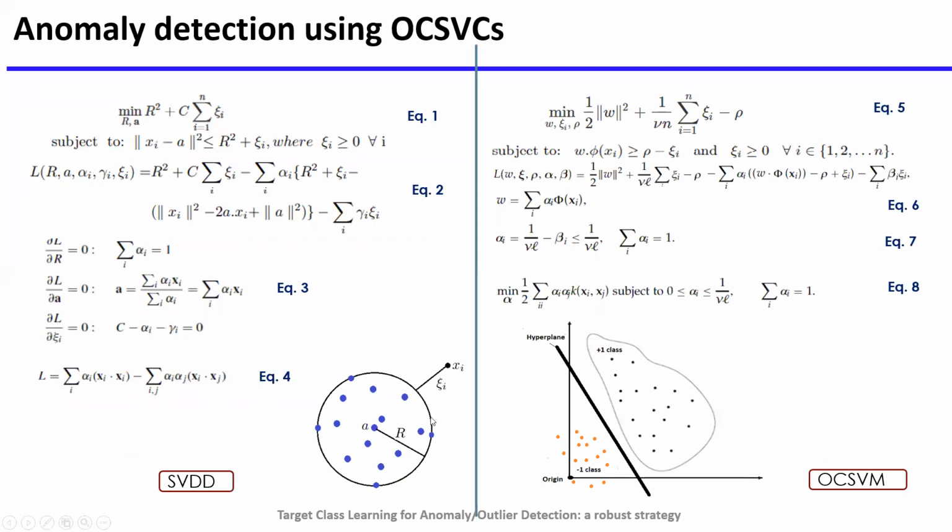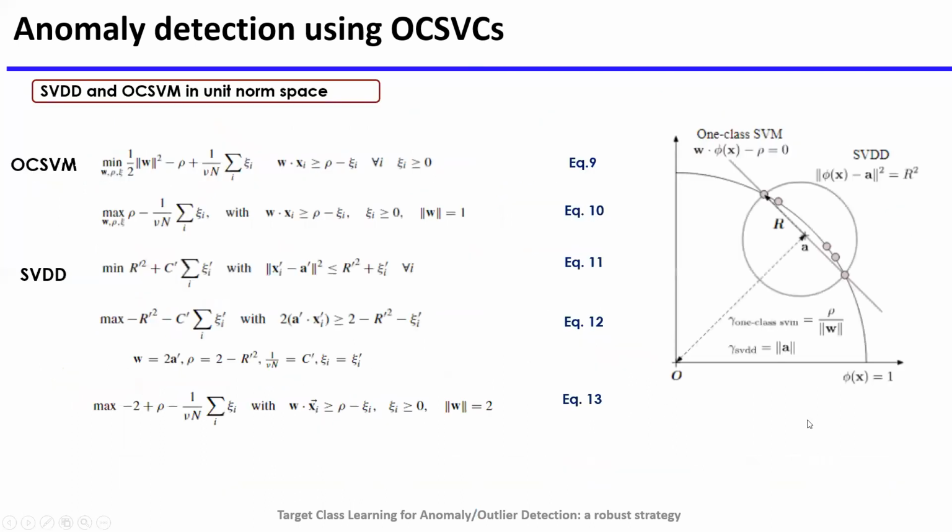The same thing, this is the SVDD and the one class support vector machine. No doubt the objective functions are different and the boundary structure is different. In case of SVDD, we have a spherical boundary. In case of one class SVM, we have one hyperplane. But if you talk about the unit norm space, we can basically map one class support vector machine to SVDD.